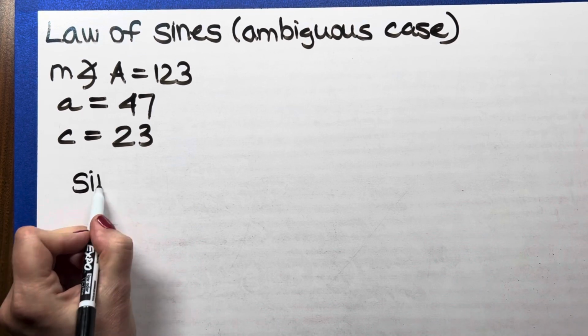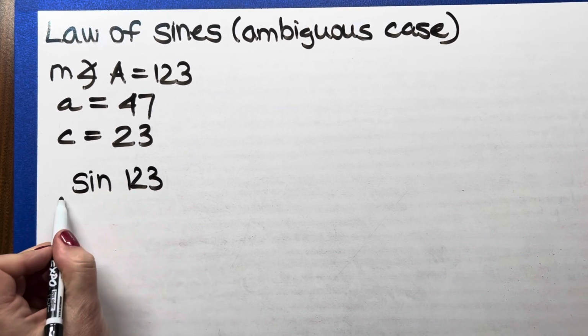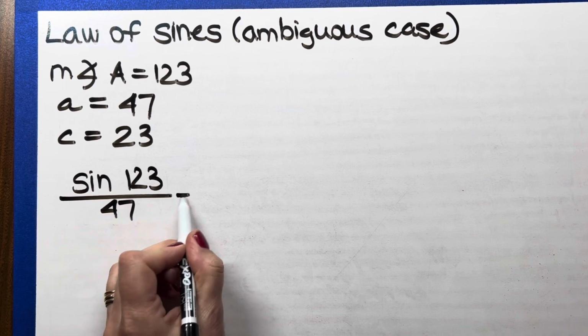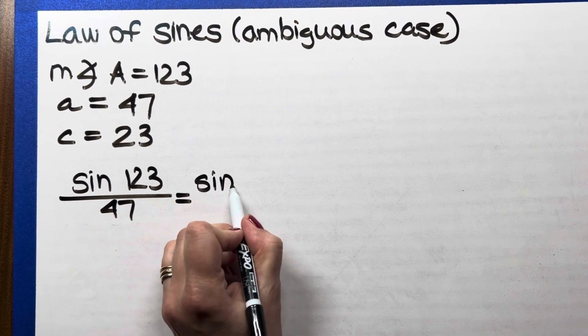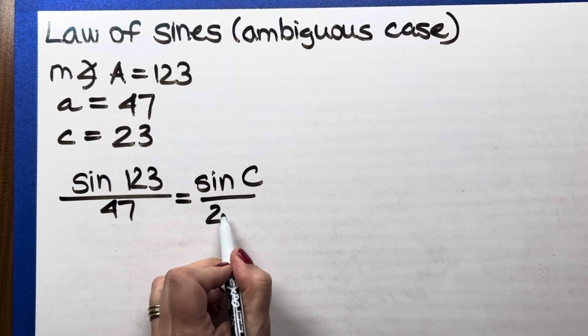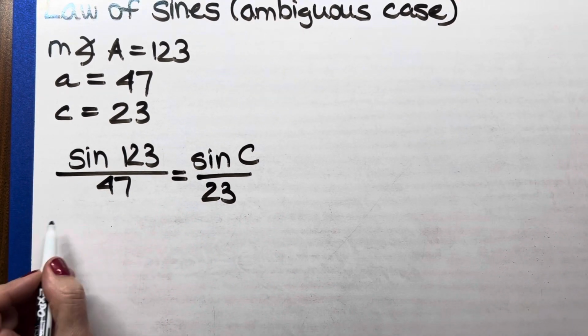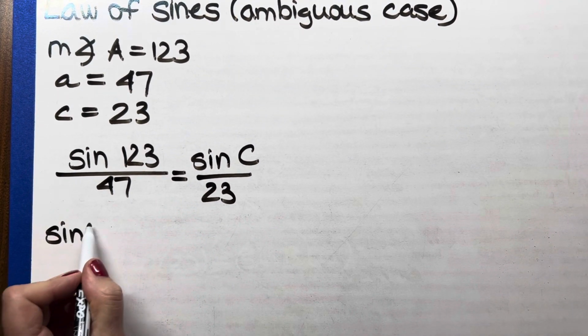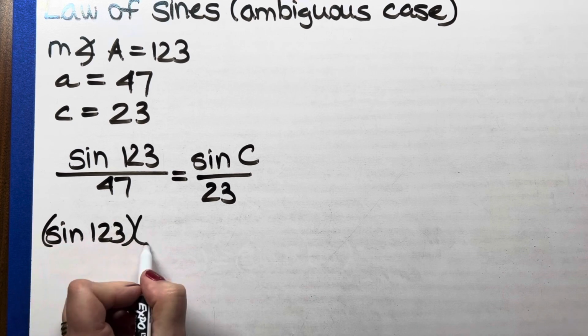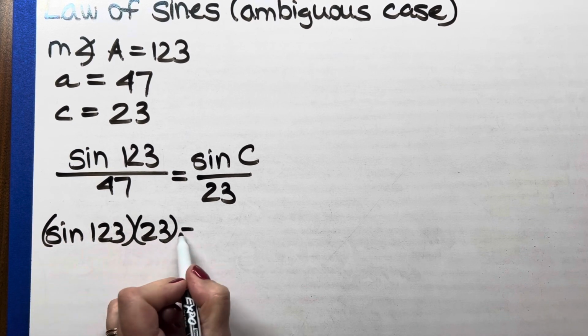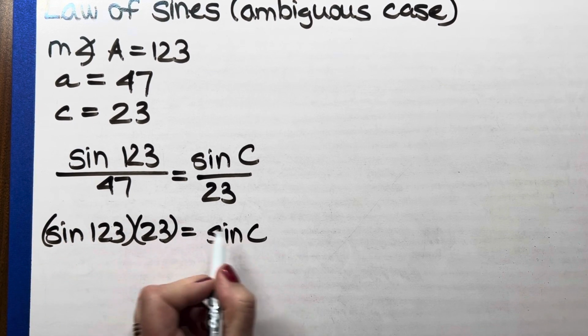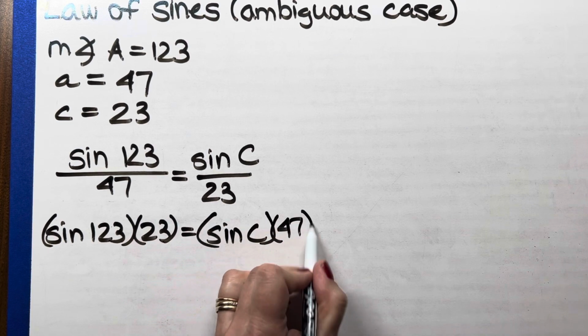I will do the sine of 123 over 47, and that's going to equal the sine of C over 23. So when I cross multiply, I have the sine of 123 times 23 equals the sine of C times 47.